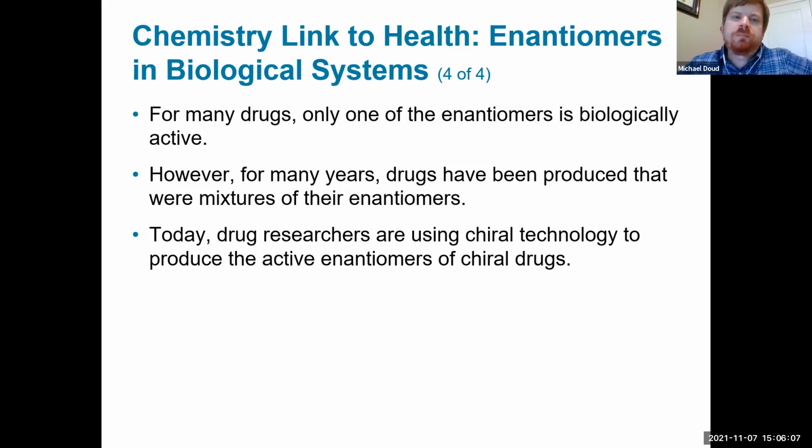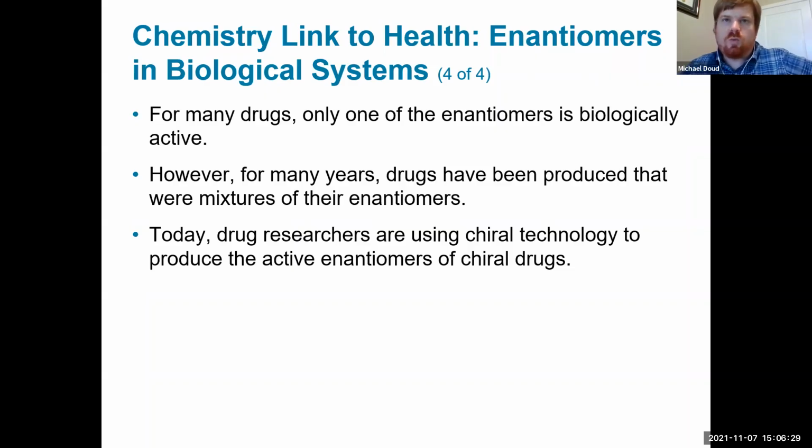A lot of times, drugs that are produced as mixtures of enantiomers can actually have a poisonous effect. If you research thalidomide, we can talk about it a little more in class, thalidomide was a chiral drug produced to prevent morning sickness. In the original way that they made it, they made one pure enantiomer.